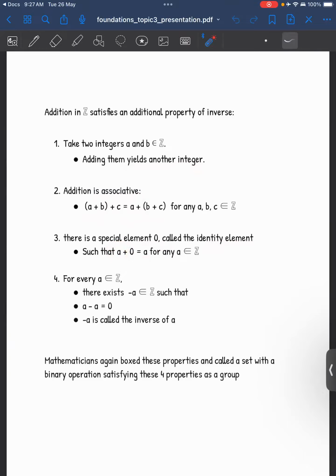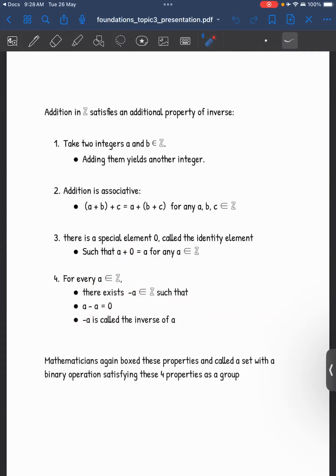But it has one additional property. You take any integer a, there exists an integer minus a, such that a plus minus a, which is equal to a minus a, will yield you the identity element 0. In particular, minus a is called the inverse of a. So Z with addition satisfies four properties.